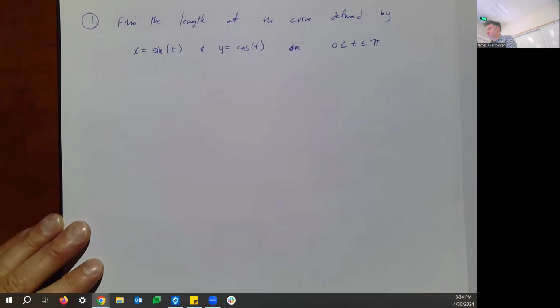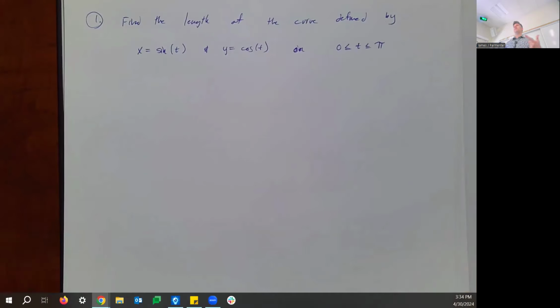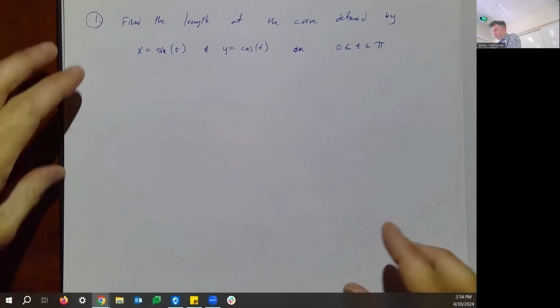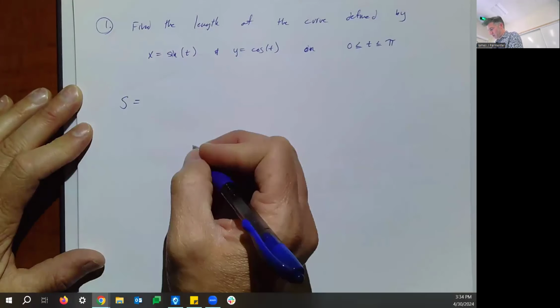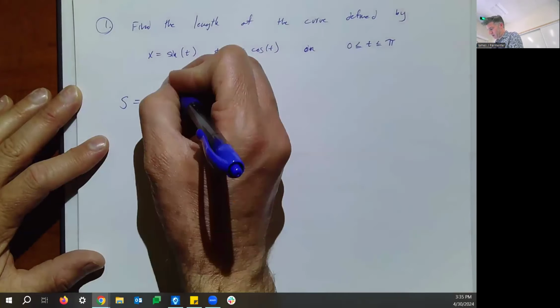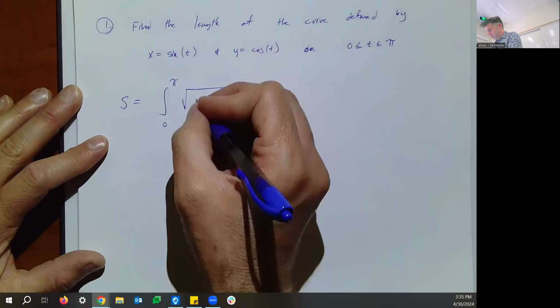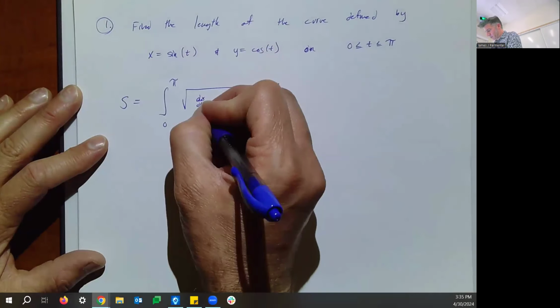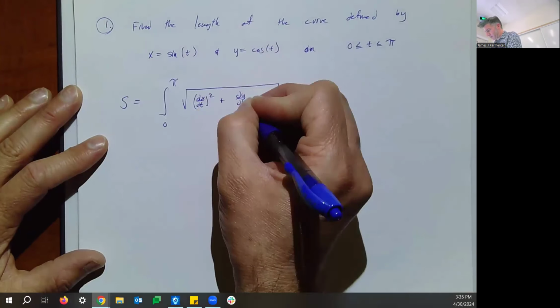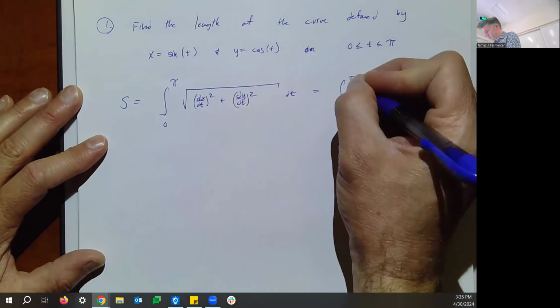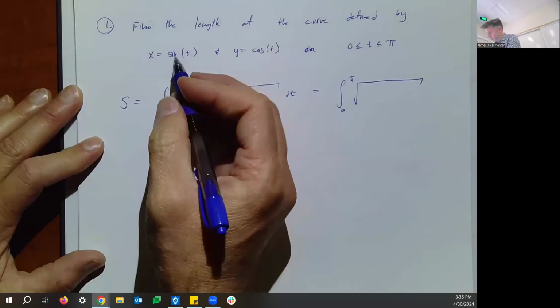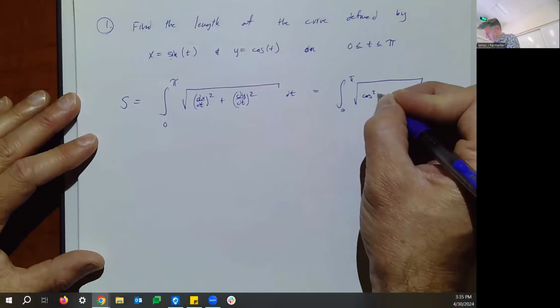Yeah, this process can be a little bit weird, but at the end, we can just throw it all into the formula. So what we're going to do here is say, great, I know that my arc length S is going to be the integral from 0 to pi of the square root of the derivative of x squared plus the derivative of y squared, which is going to be the integral from 0 to pi of the square root of, let's see, the derivative of sine is cosine, so it'd be cosine squared.